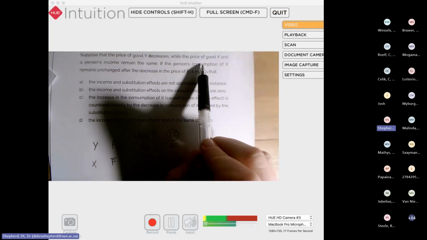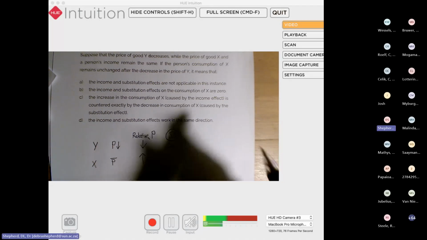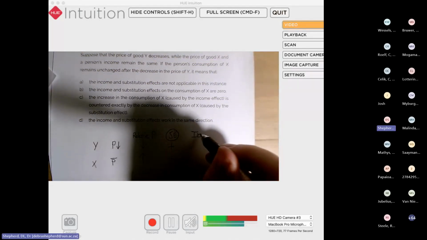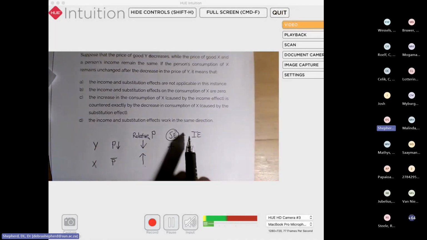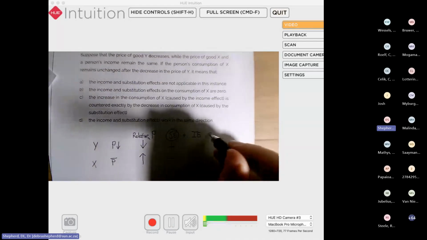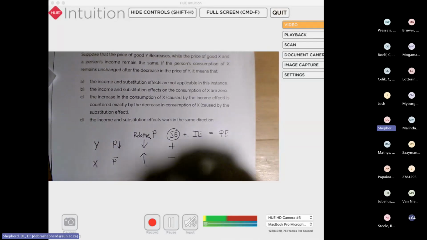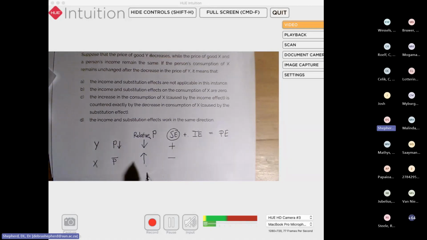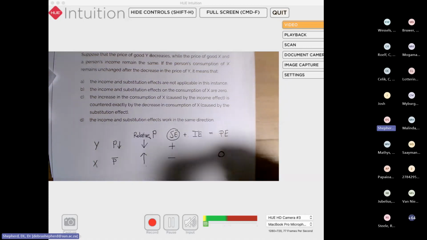It says the person's consumption of X remains unchanged after the decrease in the price of Y. So we know that there's also going to be an income effect. If we add our substitution and our income effect, we get our overall price effect. So what we're saying is that the overall effect on X is 0.